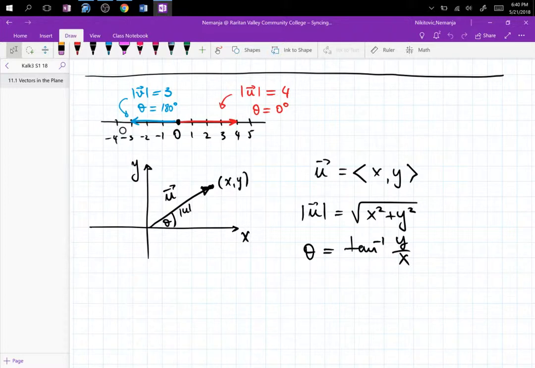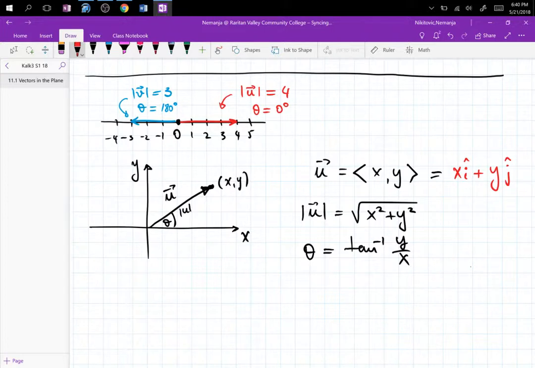But now there is another notation that I want to introduce, and that is ij notation. I'm going to write x i plus y j. Now these guys should have little hats on them rather than arrows, even though these are vectors. But they're a special kind of vectors, unit vectors. We'll talk about unit vectors as well.